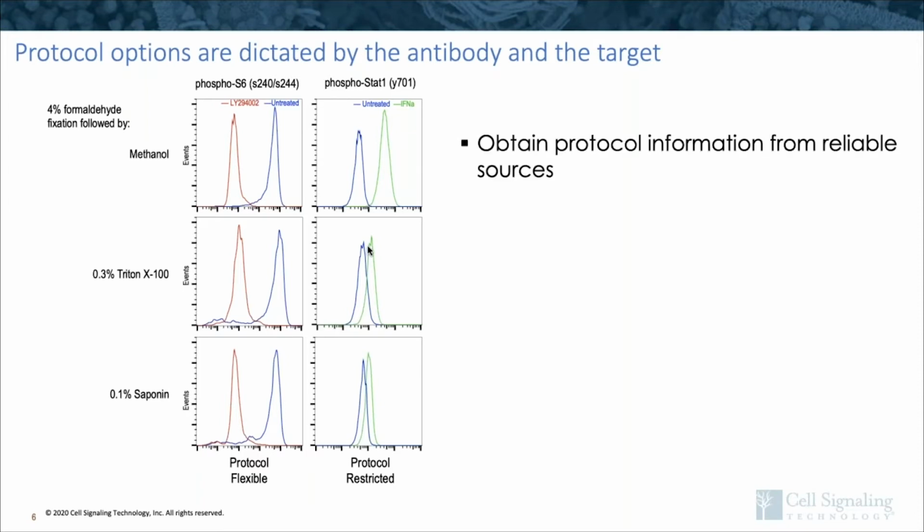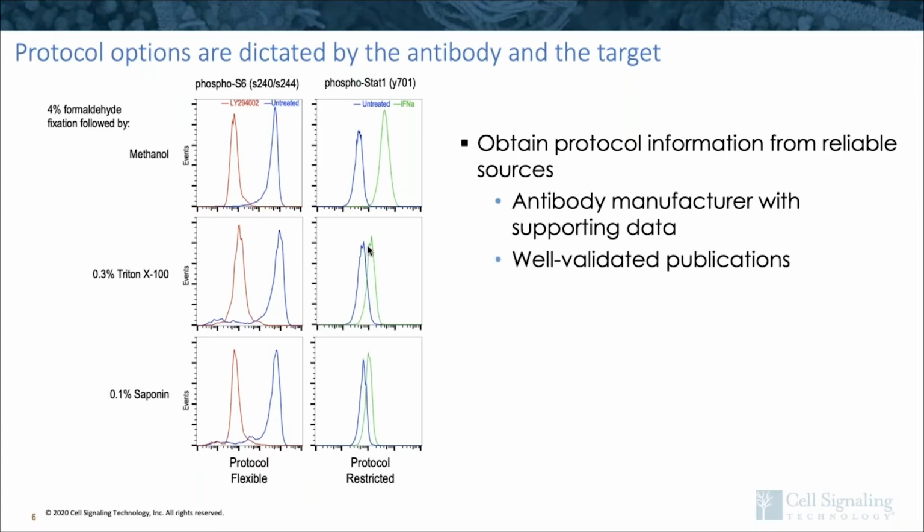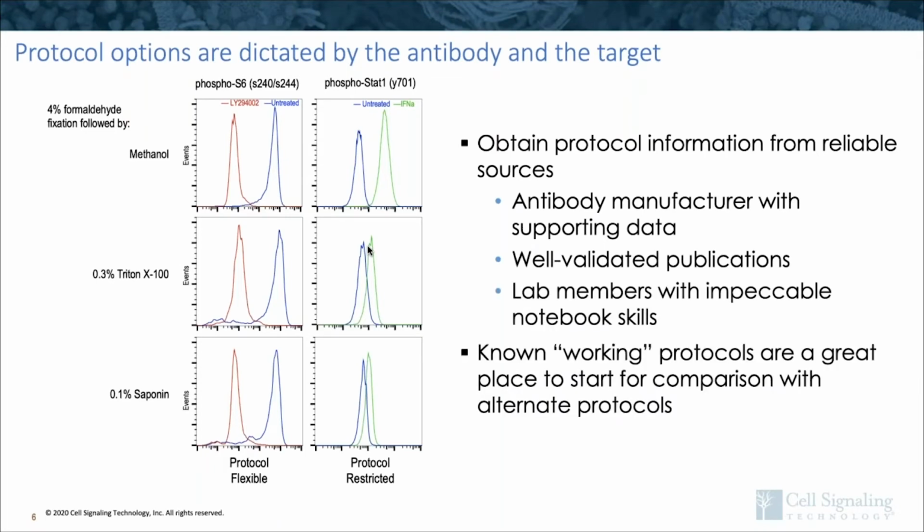So it's best to start out with a protocol from sources that you can trust. We'd recommend going with the protocol that's recommended by the manufacturer first, but you might also look for publications that have been well cited and well validated.